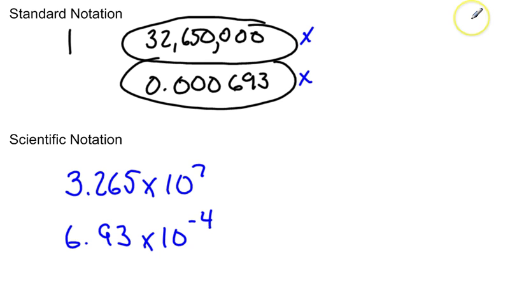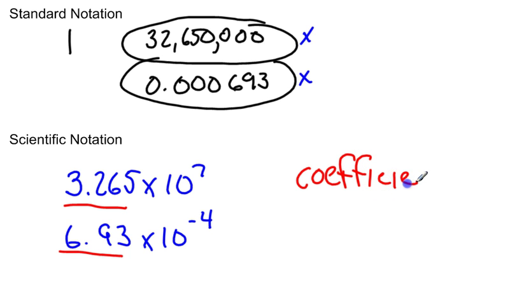Now, a couple of things about scientific notation before we begin. There are some things that you need to absolutely know have to go into a number in scientific notation. Both of these numbers have these things out in front. The numbers in front are called coefficients.